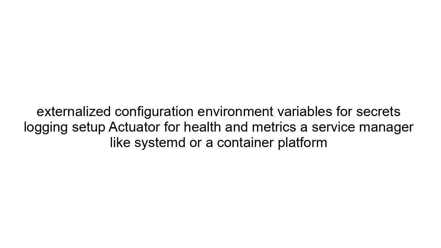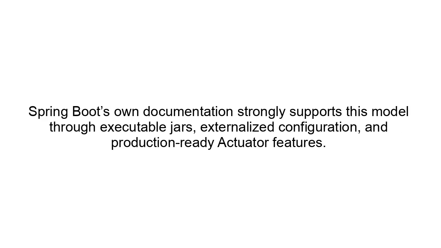And the production environment should usually include externalized configuration, environment variables for secrets, logging setup, Actuator for health and metrics, and a service manager like systemd, or a container platform. Spring Boot's own documentation strongly supports this model through executable jars, externalized configuration, and production-ready Actuator features.